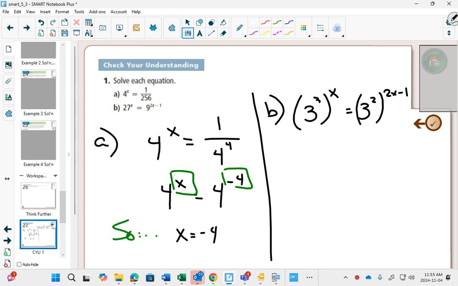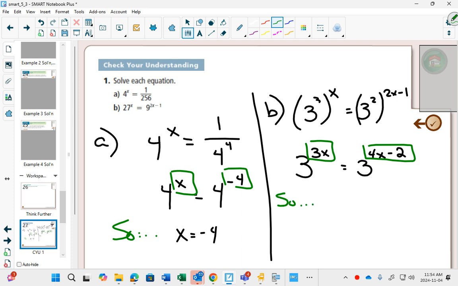On the left-hand side, 3 cubed to the x, power to a power, we multiply, so this becomes 3 to the 3x. Same thing, power to a power, I multiply here, and when I multiply, I'm going to have to distribute. I'll get 4x minus 2. There's my exponents, the bases are the same, so it becomes obvious that the 3x has to equal 4x minus 2.